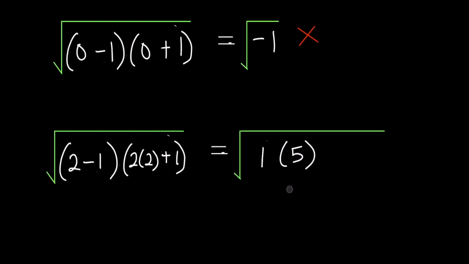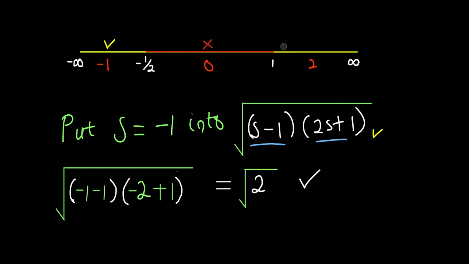And 1 times 5 is equal to 5, which is actually valid because the number that exists between this interval, which is 2, actually gave us a result that is greater than or equal to 0.